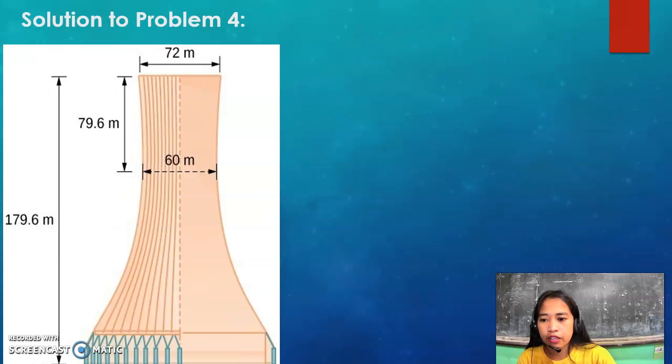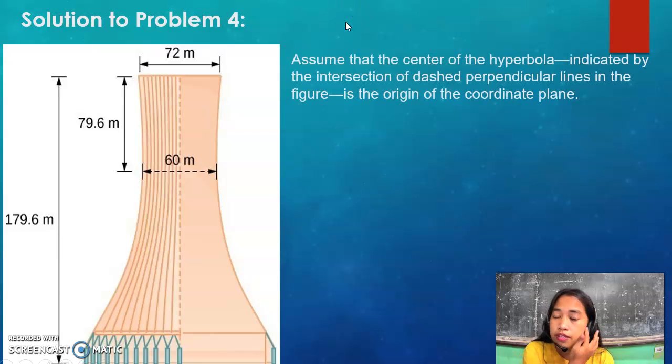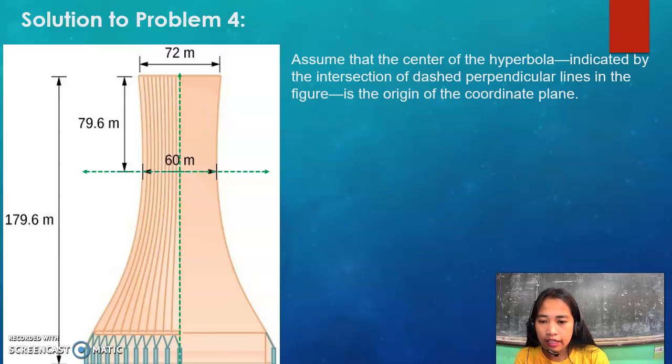We assume that the center of the hyperbola, indicated by the intersection of the dashed perpendicular lines in the figure, is the origin of the Cartesian plane. Those are the green dashed lines. So, if that is the case, we will already know that our hyperbola has a horizontal orientation.